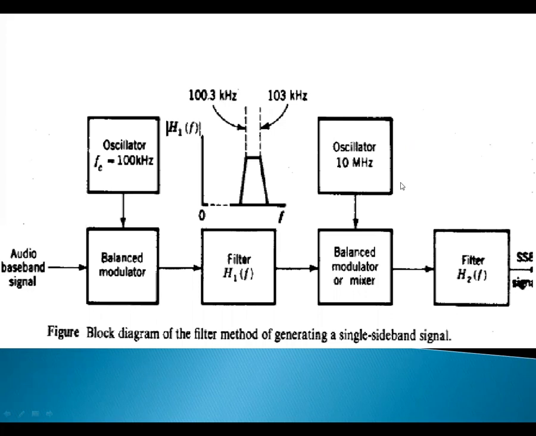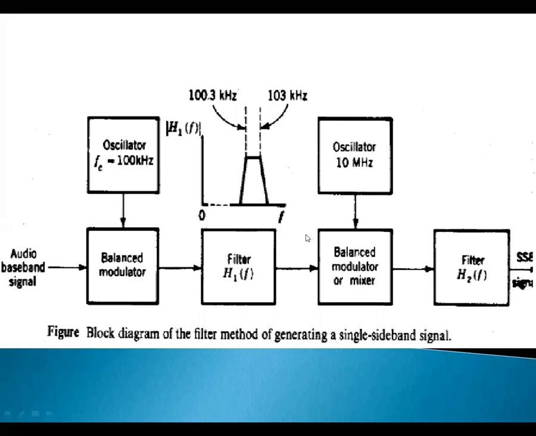The band is around 10 megahertz to 10.1 megahertz. That is the signal available after the second filter, known as the SSB signal, the single sideband signal. So why do you use two balanced modulators here?